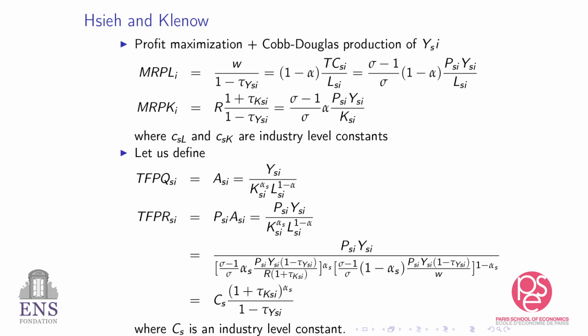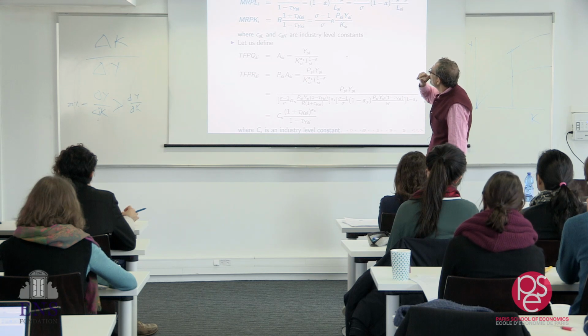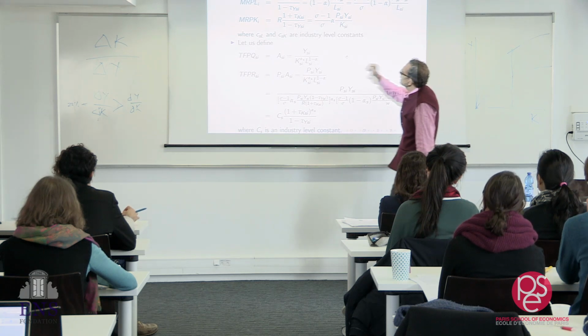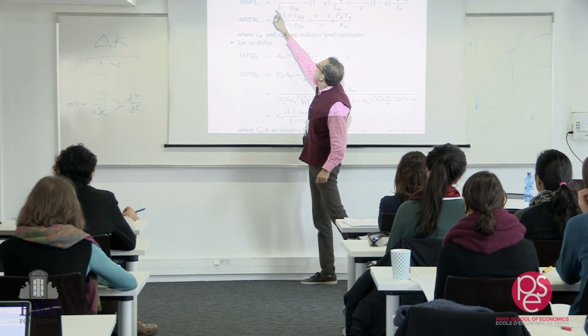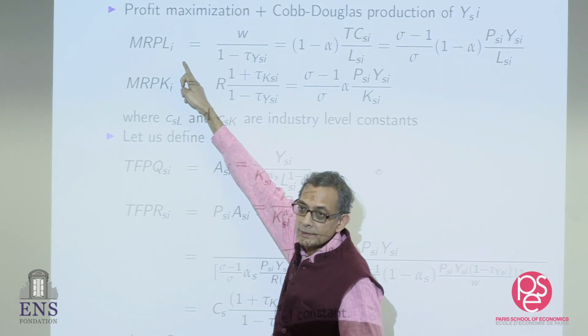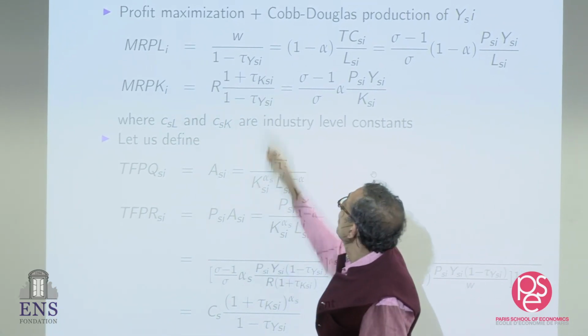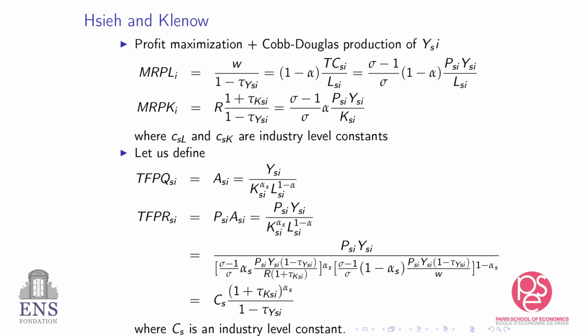But I want to actually not have you focus on the slide so much as, well, actually, maybe I'm wrong. You should focus on it for a second. So this is the marginal product of labor, which has to be equalized to the effective price of labor. The effective price of labor is the wage divided by the price of output.